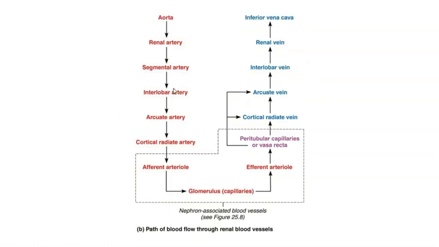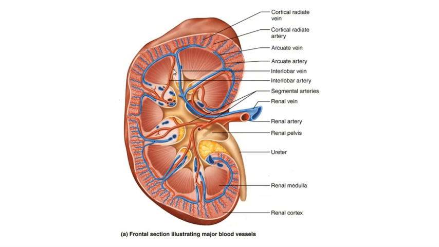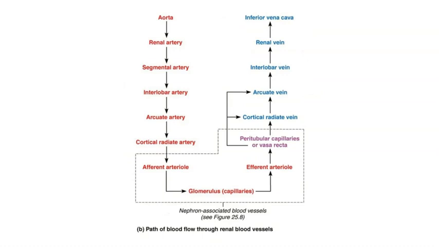The segmental arteries then branch again and become even smaller arteries called the interlobar arteries, and those interlobar arteries are found in the region of the renal columns, where those little extensions of the renal cortex sit between the renal pyramids.